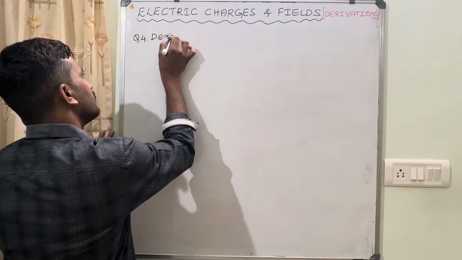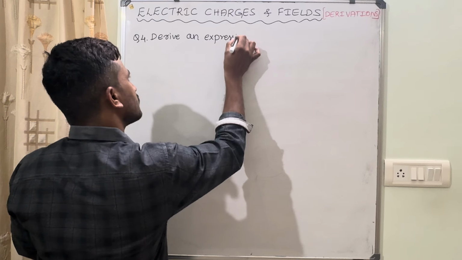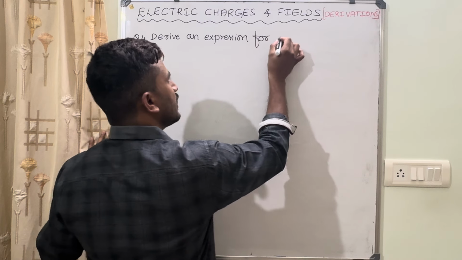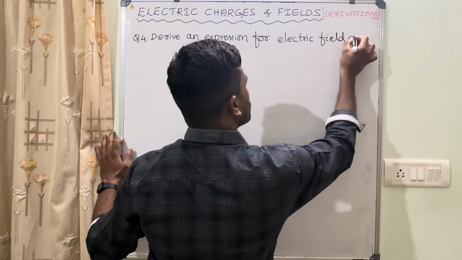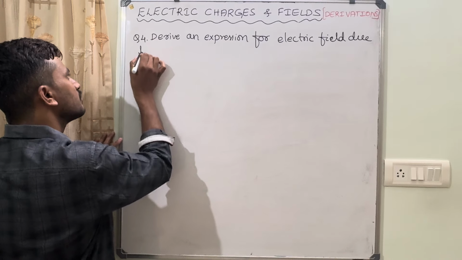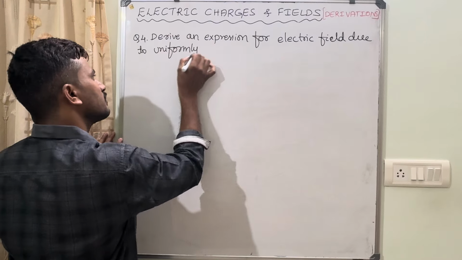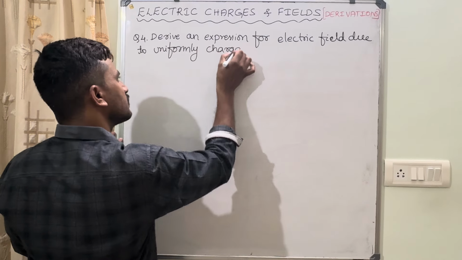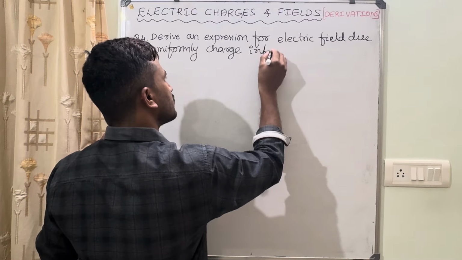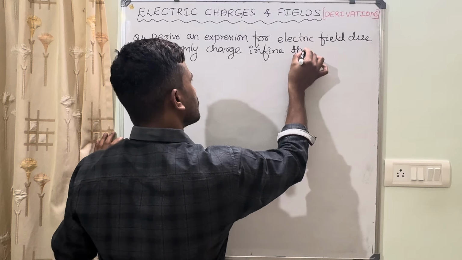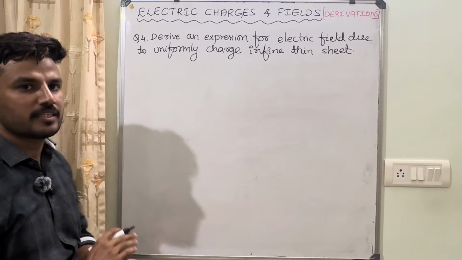State Gauss law and derive an expression for electric field due to uniformly charged infinite thin sheet or plate. Infinite thin plate.